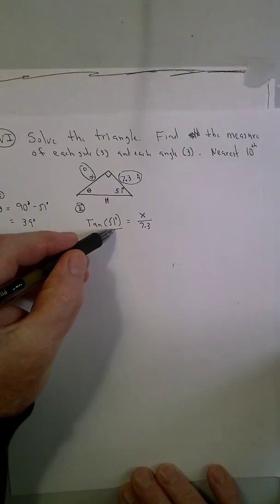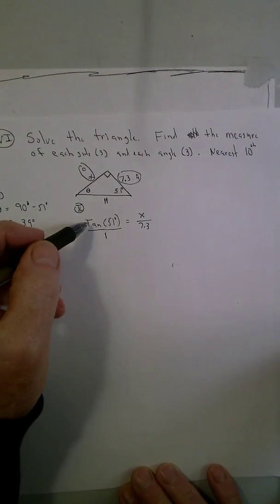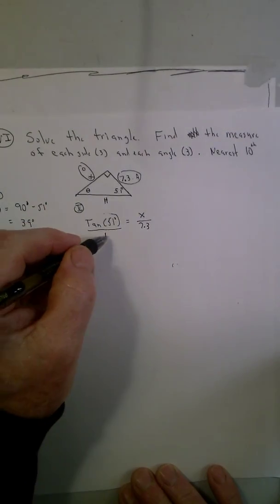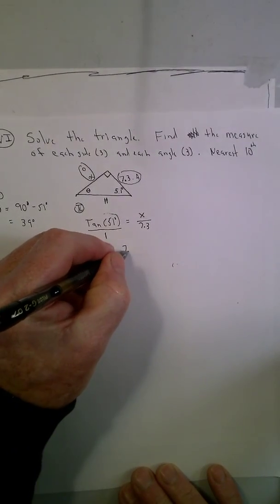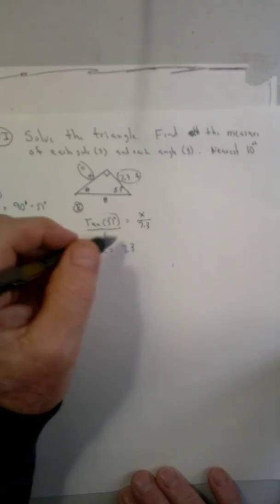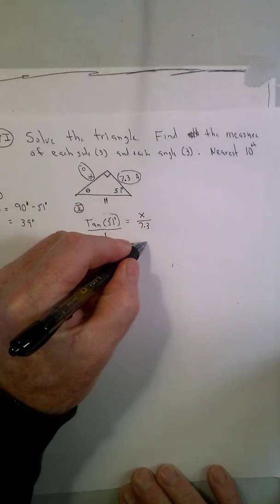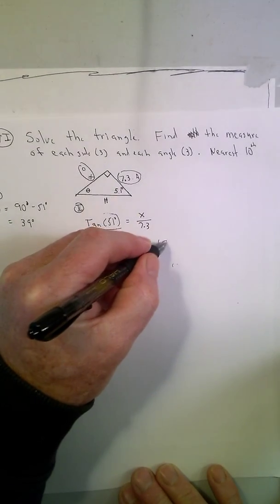So instead of finding the decimal there and writing it down, I'll just carry this whole function notation around with me. 1 times x, x, and then cross multiply 7.3 times the tangent of 51.